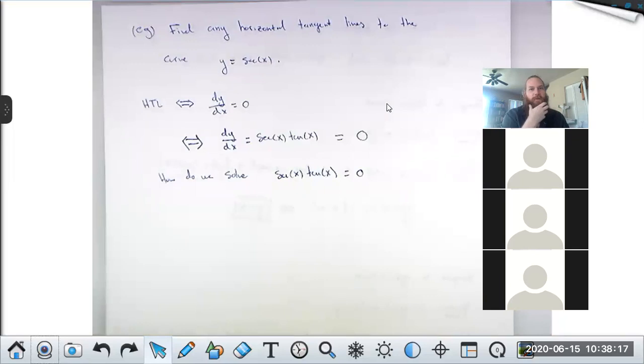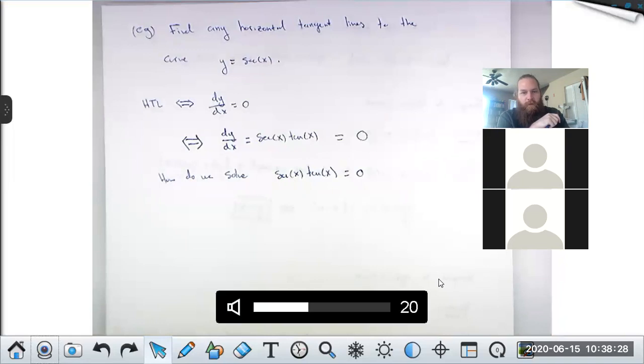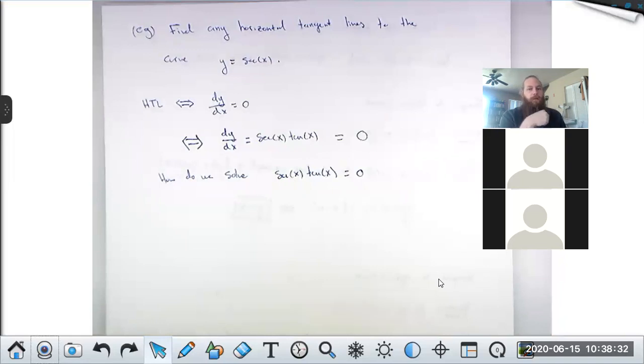So this is why we talk so much about solving trig equations in MAC 1147. We use the inverse of, I'm sorry, say that again? We use the inverse of cosine, or do we use arc cos? I don't think that will help us here. So secant is the reciprocal of cosine, but not the inverse. You could rewrite this in terms of sines and cosines if you wanted to.